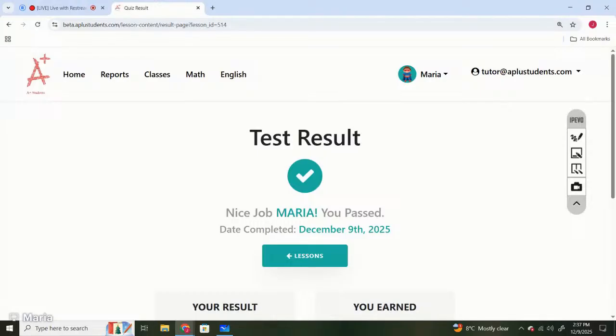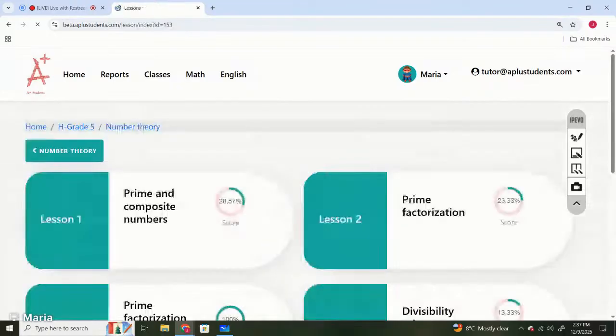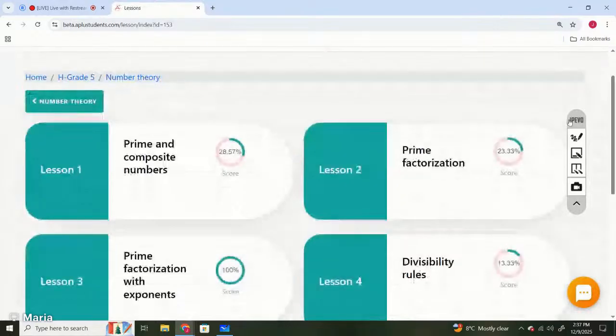Okay, we are done with the lesson. So, we will go on with grade 5 math. The chapter we were working on is number theory. The lessons today are prime and composite numbers and prime factorization with exponents.